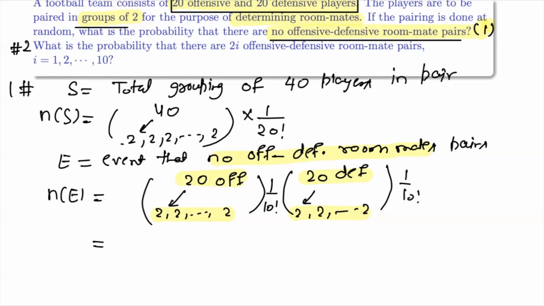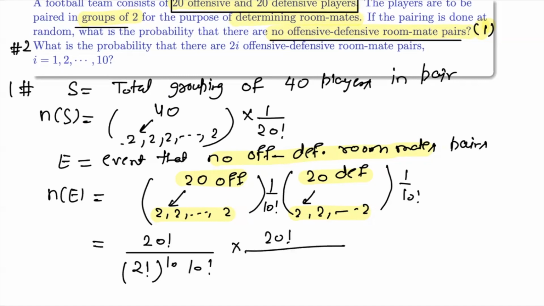So if you answer the question, it is going to be 20 factorial divided by how many groups of 2 are there? There are 10 groups. Order is not important. And for the second case, 20 factorial, how many groups of 2 are there? 10 groups are there, multiplied by 10 factorial in the denominator.